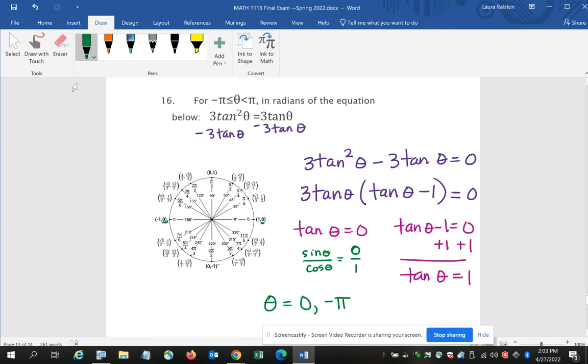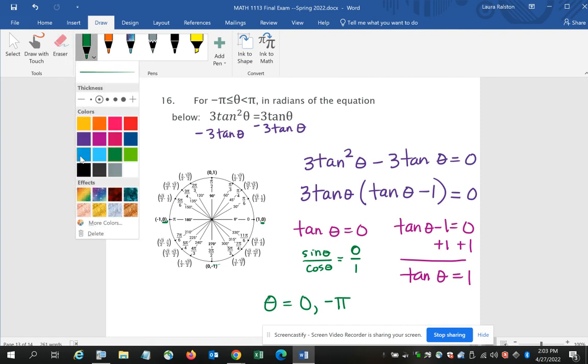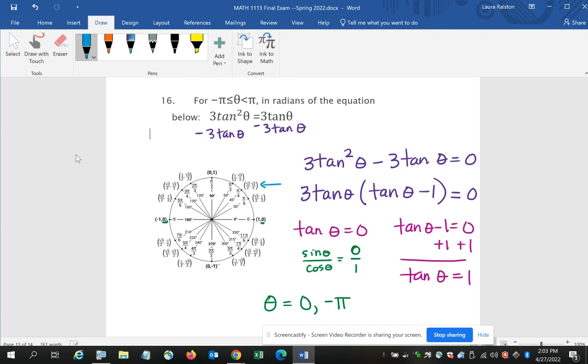Then for the second piece, you want to consider where is the tangent 1. Well, to be 1, you have to have the same value for sine and cosine. So that occurs here where you have square root 2 over square root 2, and you want it to be positive. So a positive divided by positive is a positive, so it could be pi fourths. Over here in the second quadrant, you have a negative divided by a positive.